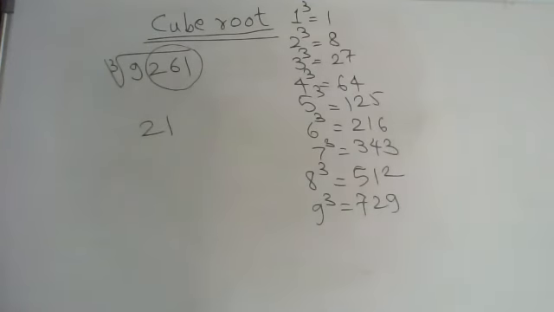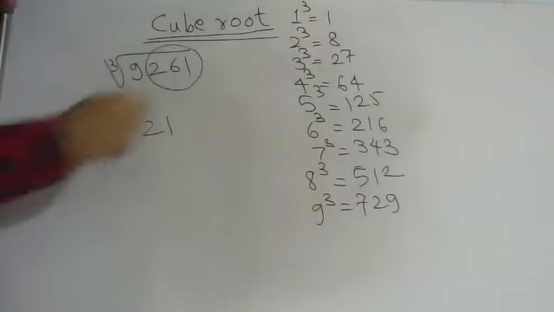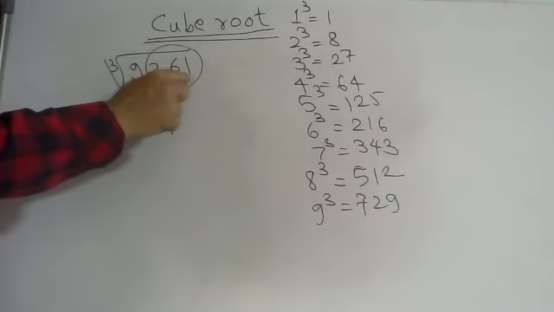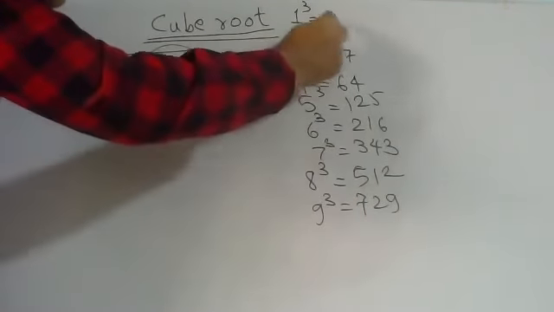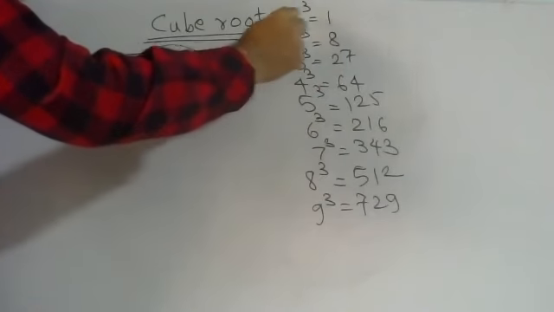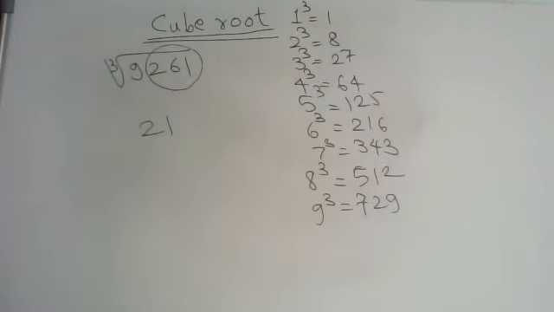Taking 3 numbers aside, 9 is cube near to which number? That is 2 cube is 8. Write down 2. Think about the unit digit 1. Where is 1? Here is 1. 1 is cube of 1. Write down 1 here.